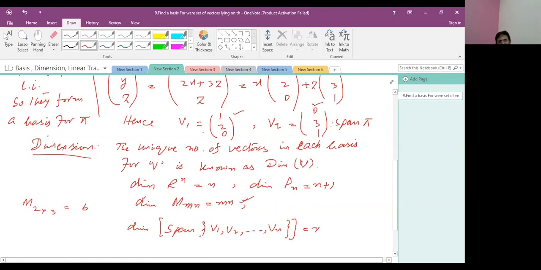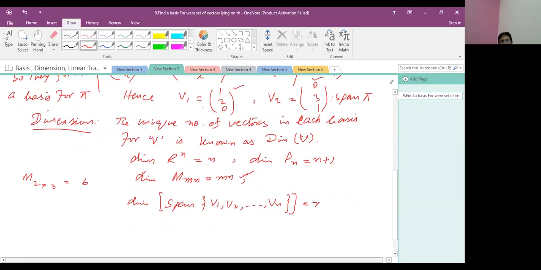And the dimension of the span of the vectors v1, v2, ..., vn is equal to r. R means rank. R represents here the dimension of the span of the vectors, right?